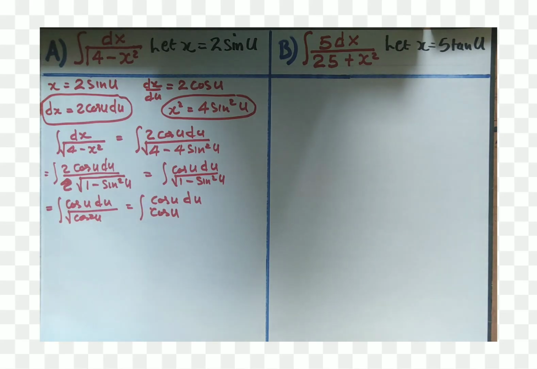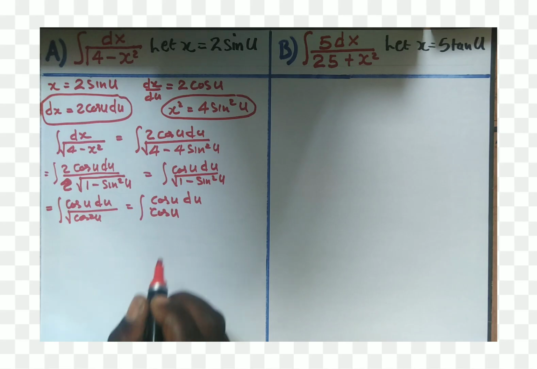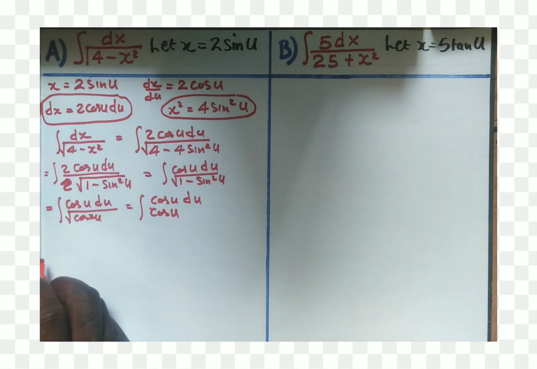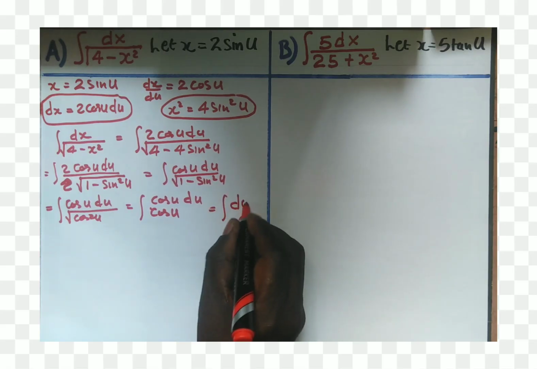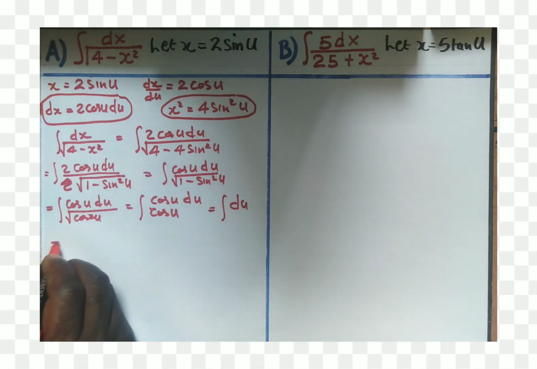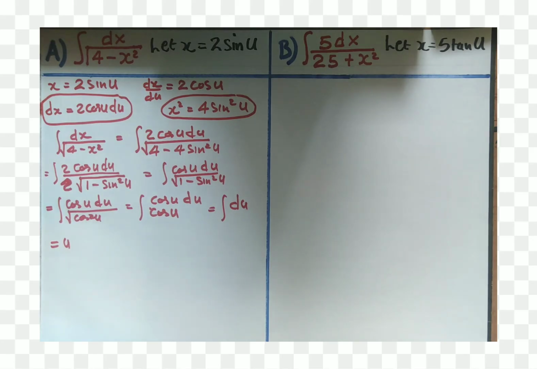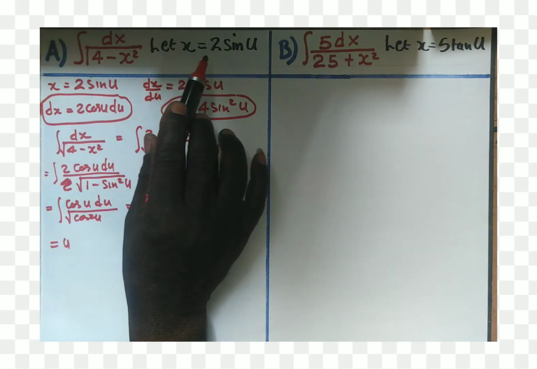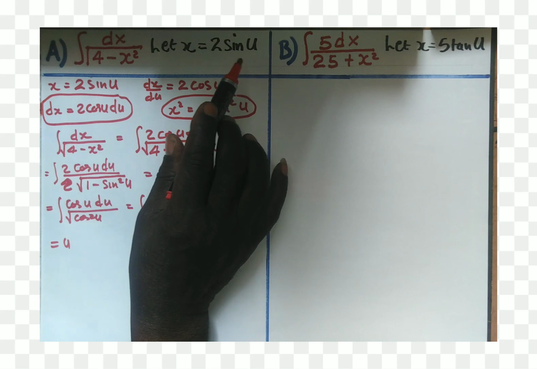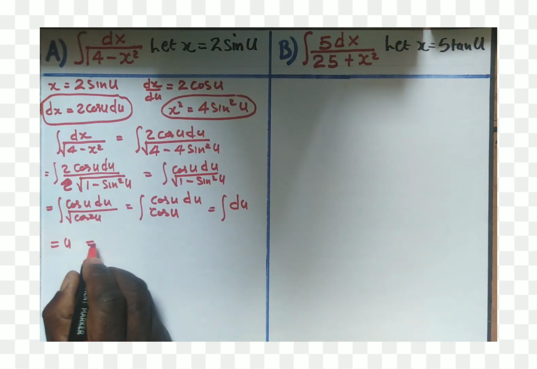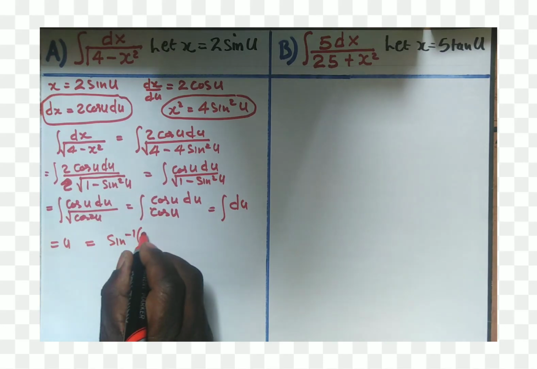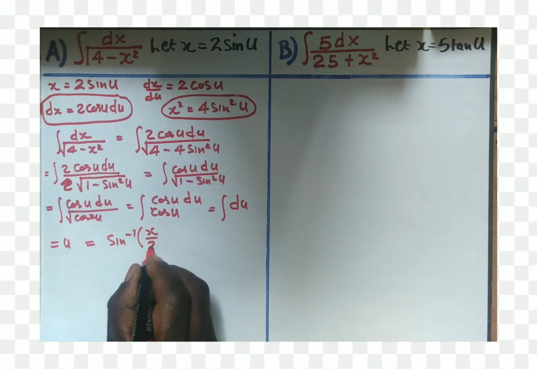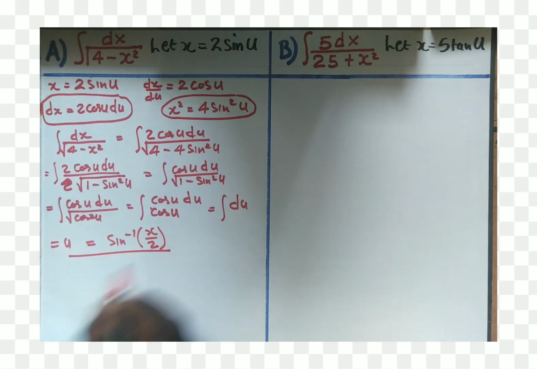Okay, so the cosine cancels out to give us just the integral of du, which of course is just u. But we are given that x is equal to 2 sine of u. So what is u? u is equal to arcsine of x over 2. That is our integral.